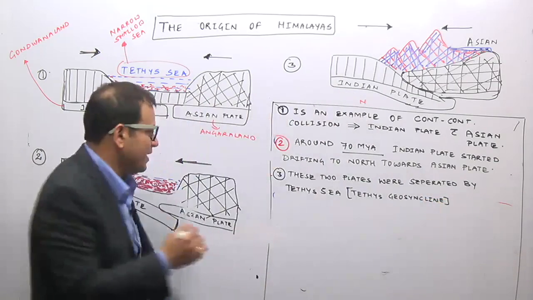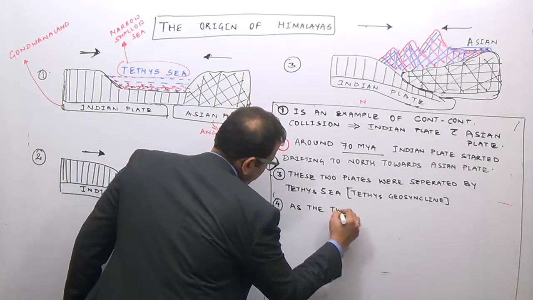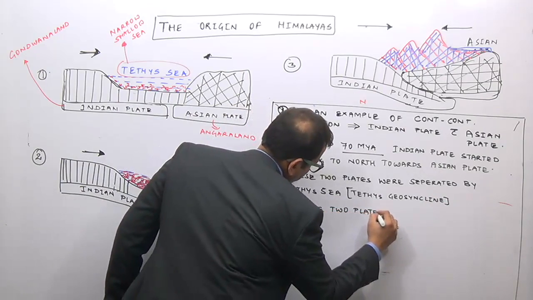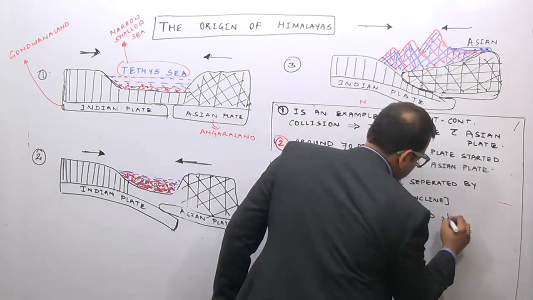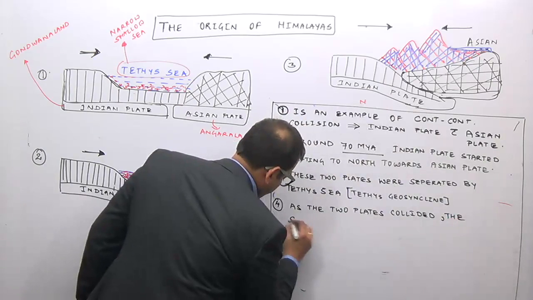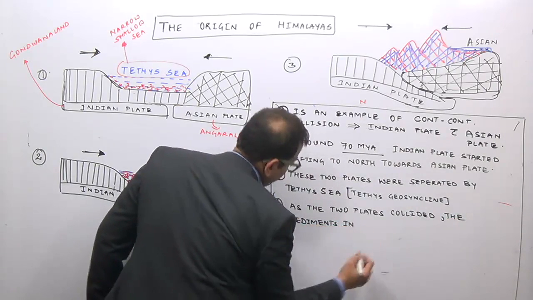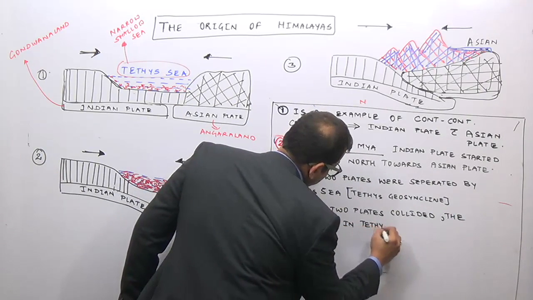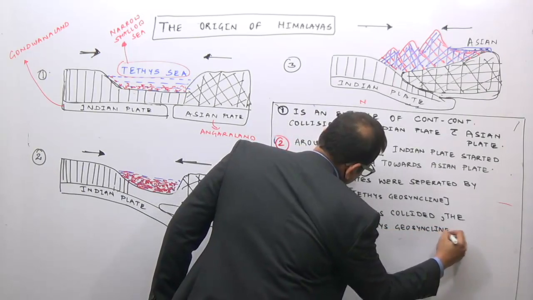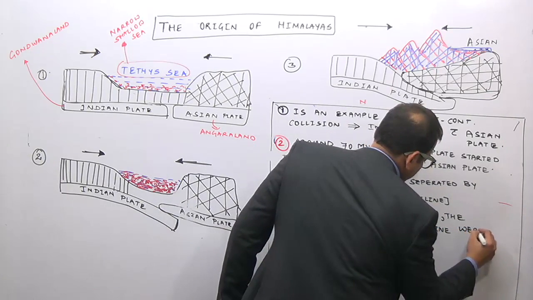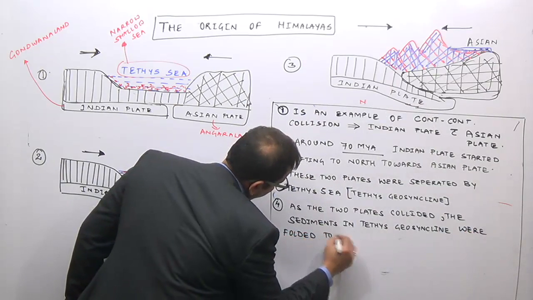As the two plates came near each other, as the two plates collided, the sediments in the Tethys Geosyncline were folded to form the Himalayas.